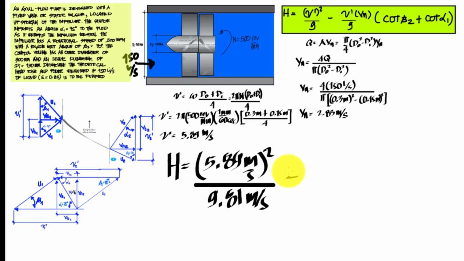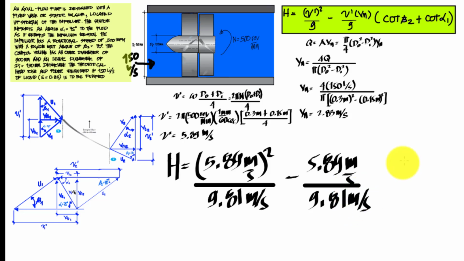Minus the velocity of the vane, 5.89 meter per second, again divided by the gravity 9.81, then multiplied by the normal velocity, which is 2.83 meter per second.